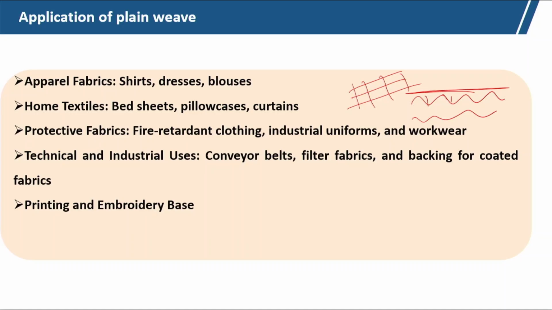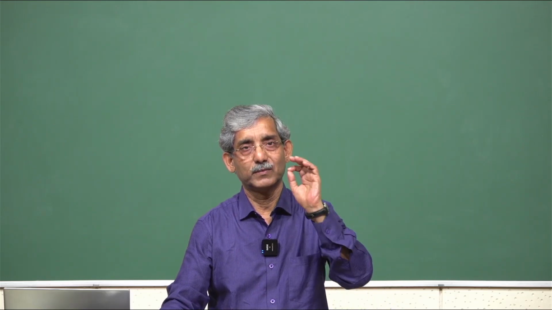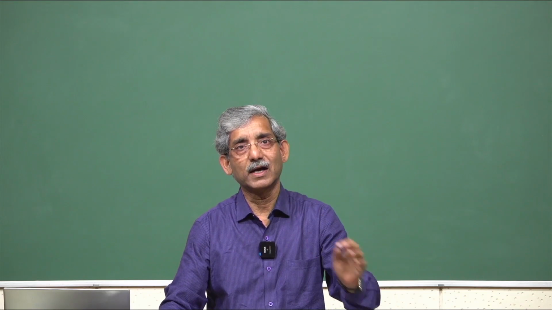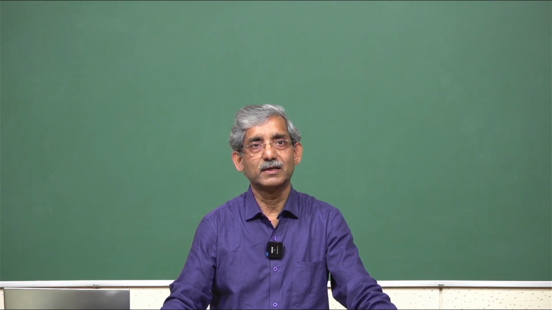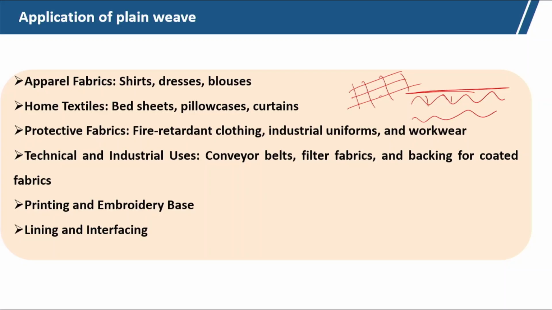But here in plain weave the patterns are uniform and compact. So, embroidery and printing will be permanent at that position, at that shape. Lining and interfacing. So, these are the different applications of plain weave.